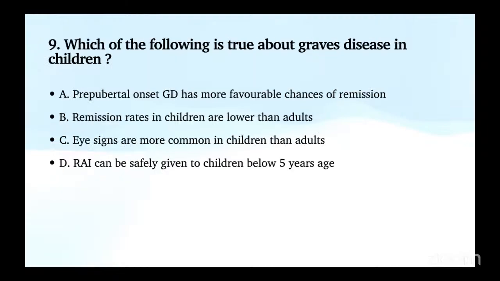Question 9. Which of the following is true about Graves' disease in children? A. Prepubertal onset Graves' disease has more favorable chances of remission. B. Remission rates in children are lower than adults. C. Eye signs are more common in children than adults.